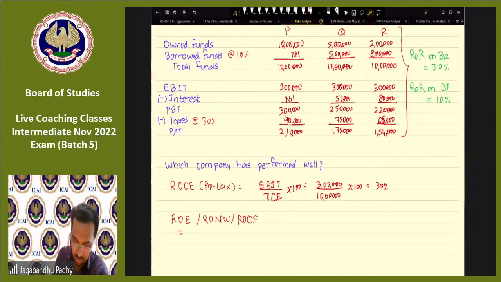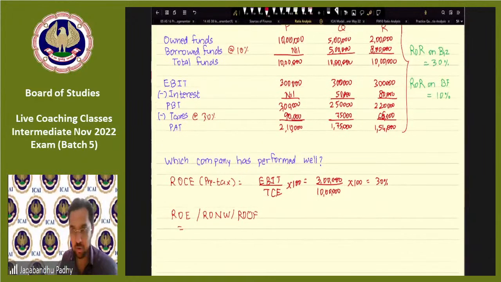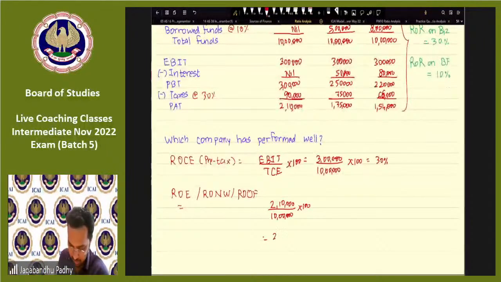But now if I ask you, what is the return generated for equity shareholders, or net worth, or owned funds? Is it going to be the same for all of them? Of course not, sir. For the first company, it is 2,10,000 divided by 10 lakh into 100, which is 21%.